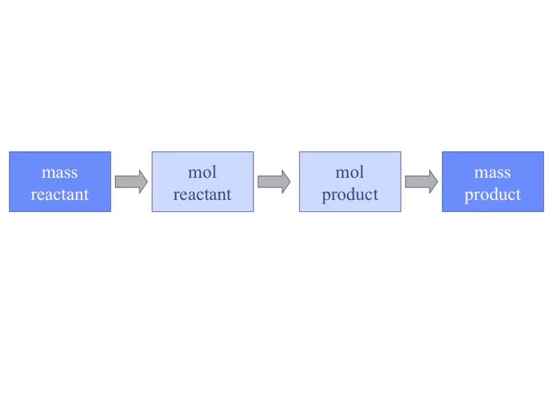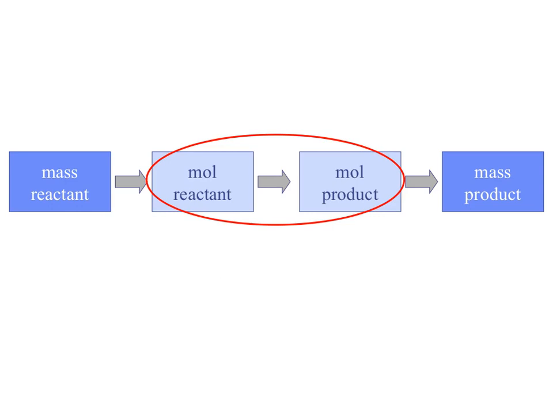We've taken a look at this graphic before, in which we take the mass of a reactant, or really anything in our equation, convert that over to moles, and then use our balanced chemical equation to convert to moles of something else in the reaction, and then finally over to mass. And as we've discussed, moles are really at the heart of that reaction.